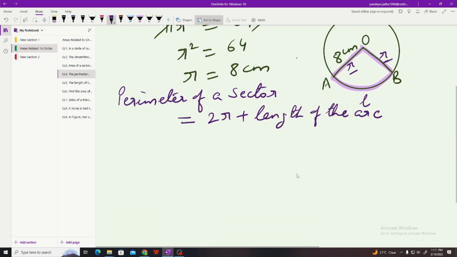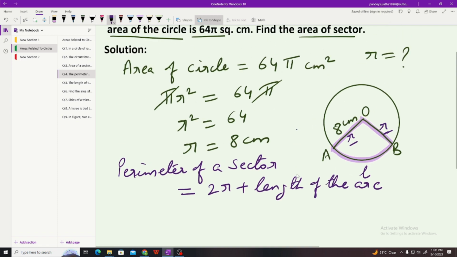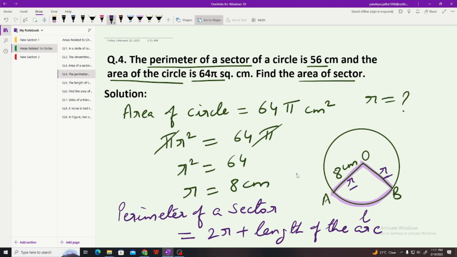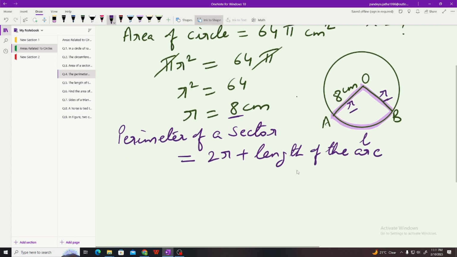So put the value. Perimeter of sector is given in the question, which is 56 centimeter, and radius we found as 8. So perimeter is 56 centimeter and we got the value of radius as 8 plus length of the arc.